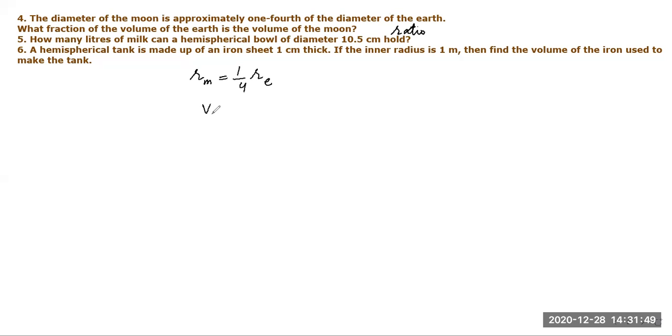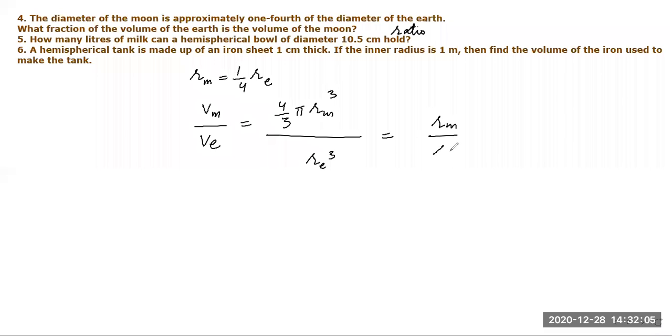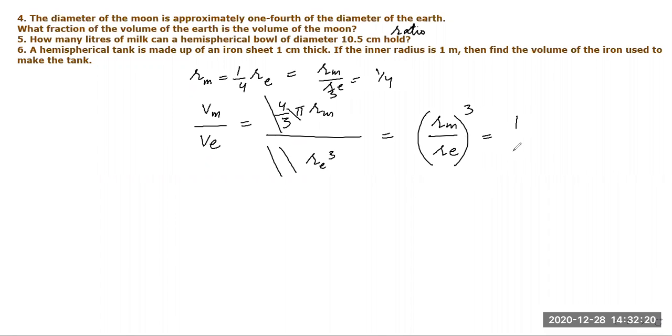Volume of Moon divided by volume of Earth will be equal to 4 by 3 pi Rm cube divided by 4 by 3 pi Re cube. The 4 by 3 pi will cancel up and down, so this will be equal to Rm by Re whole cube. Rm by Re is 1 by 4, so this will be 1 by 4 cube, that is 1 by 64. Am I right? 4 cube is 64.